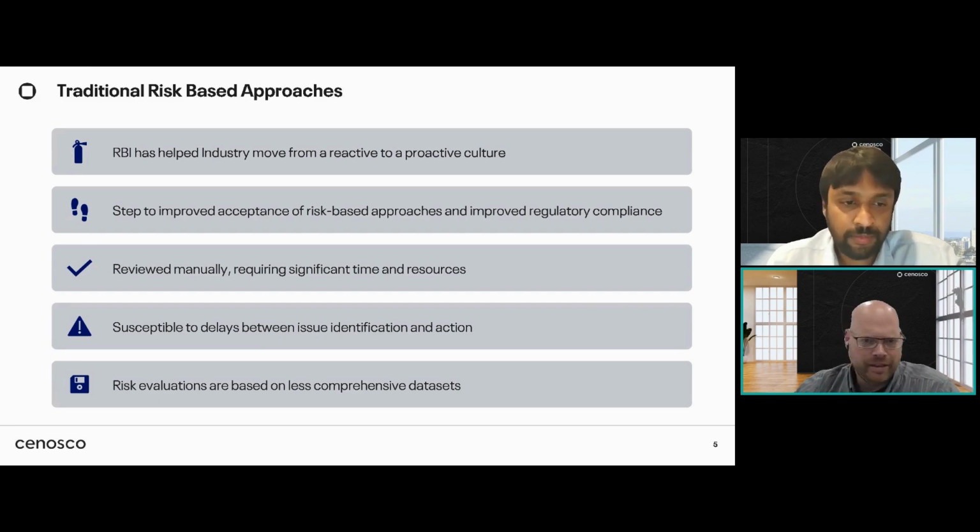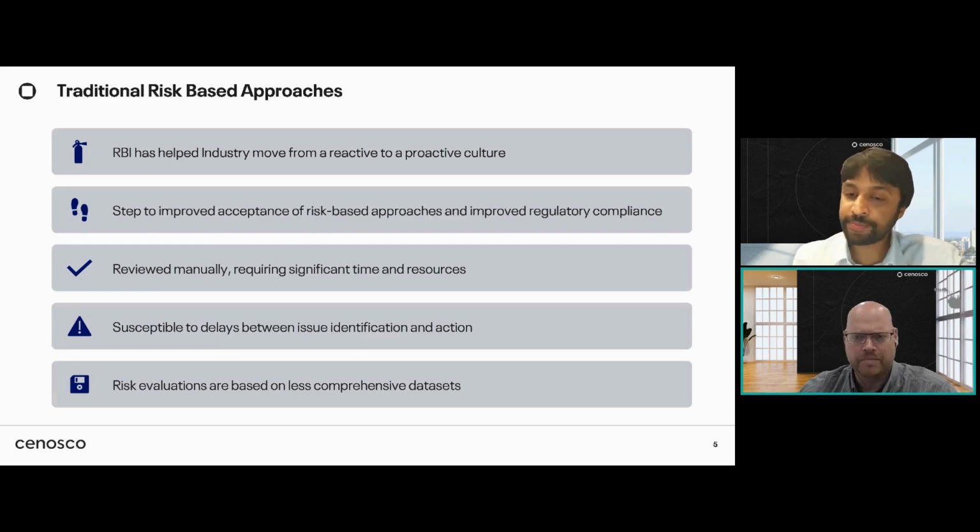So one of the things I'd bring up is RBI, risk-based inspections, have definitely moved the industry from responding reactively to issues to developing more proactive cultures, for both the safety, the reliability, and the integrity fronts.